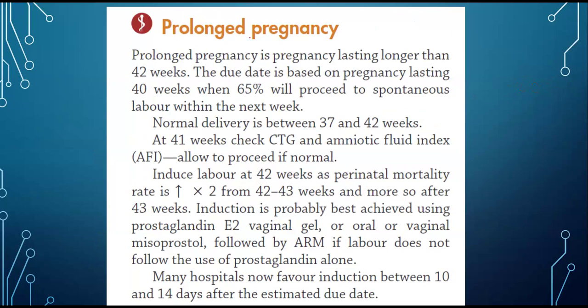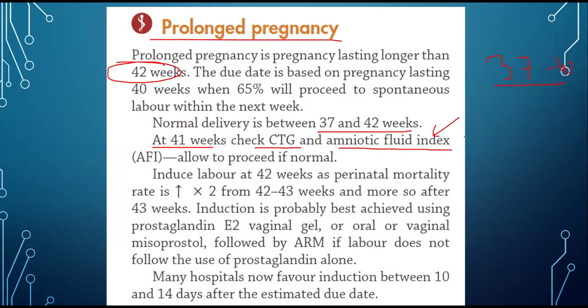Next, prolonged pregnancy. We say that term means 37 to 42 weeks. Prolonged pregnancy is if pregnancy is lasting longer than 42 weeks. So normal delivery is between 37 to 42 weeks. At 41 weeks, you'll do a CTG and amniotic fluid index.